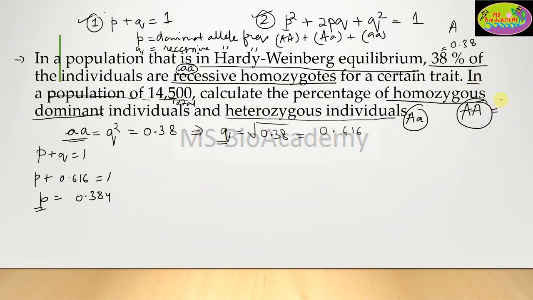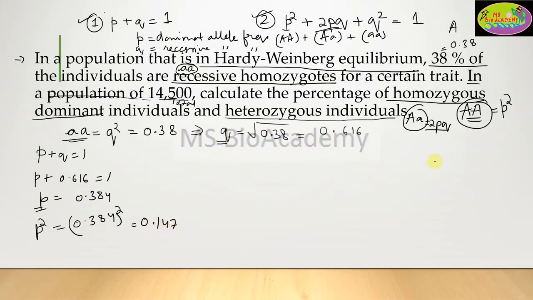That means we need to calculate the value of P square, and for heterozygous we have to calculate the value of 2PQ, correct? So for homozygous dominant, just do P square. We know the value of P, so 0.384 whole square will give you the homozygous dominant genotype frequency, which comes to some 0.147.